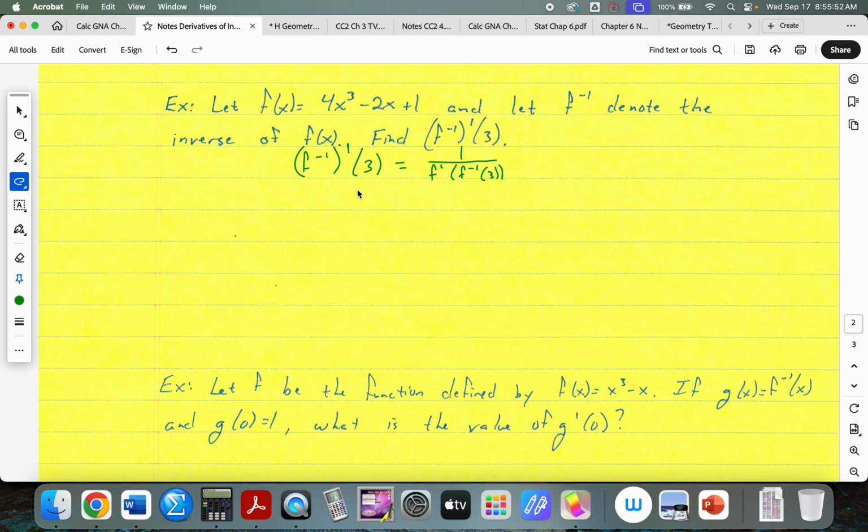So again, the way I remember it is that this outer function is the inverse of this, and then this next one in is whatever this function is, that we have over here on the left. So first thing I need to figure out is, what is f inverse of 3? Well, what that means is it's the x value that's going to make f of x equal to 3. So I'm going to have 3 is equal to 4x cubed minus 2x plus 1.